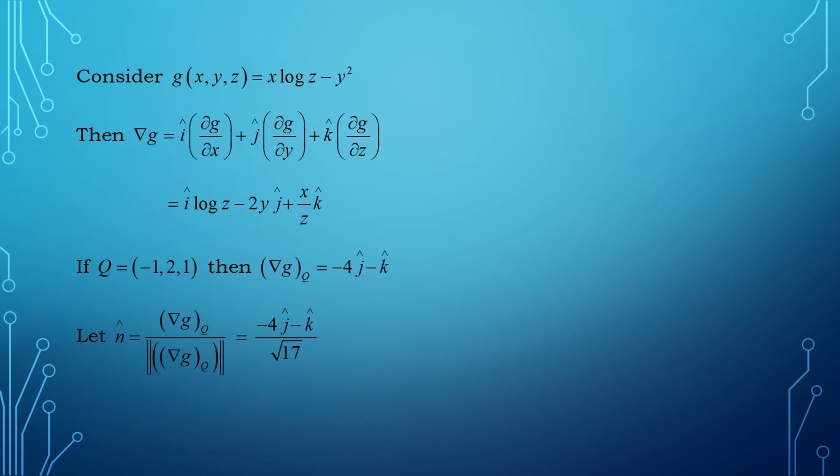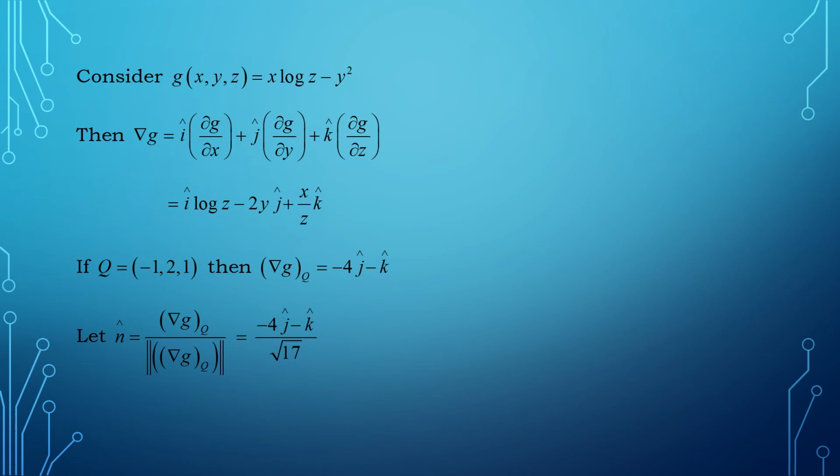Let that second point be Q equals (-1, 2, 1). Now, to find a normal to this new surface G, we have to find the gradient of this surface G also. For that purpose, we have to find the partial derivatives of G.